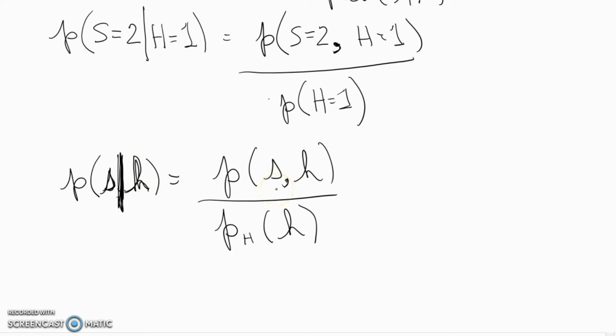The probability that a randomly selected tree is going to be of a particular species and also of a particular height class divided by the marginal probability that it is in a particular height class.